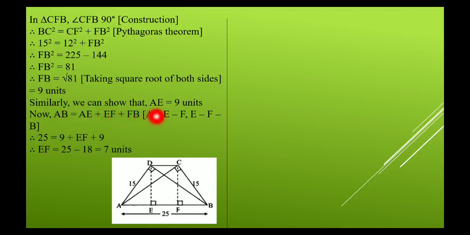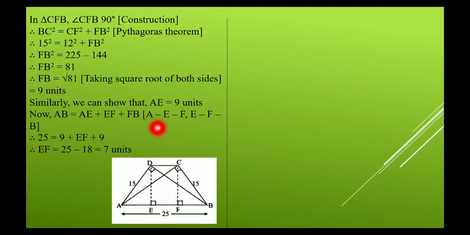Similarly, we can show that AE is also 9 units. Why? Because both lines are parallel, that is DC is parallel to AB. That's why we can write like this. AB is equal to AE plus EF plus FB.